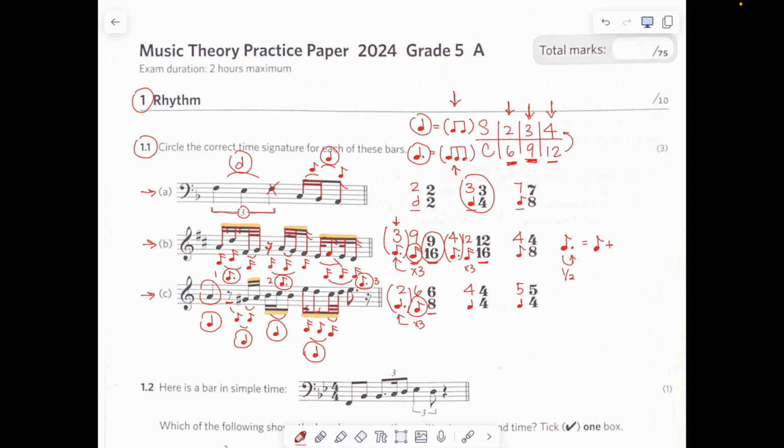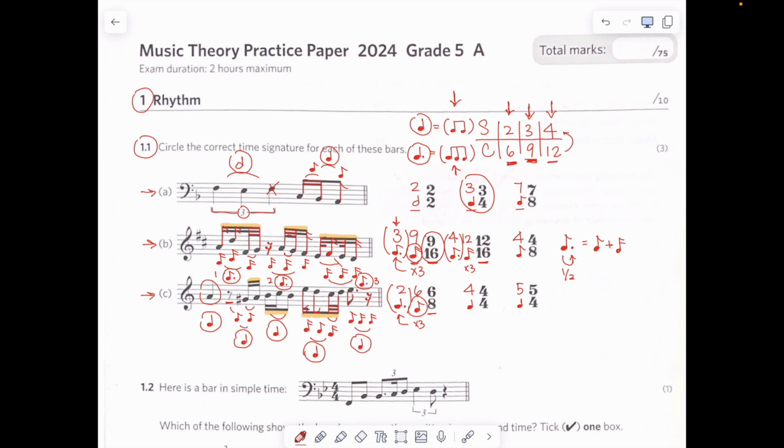So this will be a half of a quaver, which means a semiquaver. So now here we've got a quaver plus a semiquaver. Now then this semiquaver rest gives you another semiquaver. So again, quaver plus two semiquavers together will be one crotchet beat.